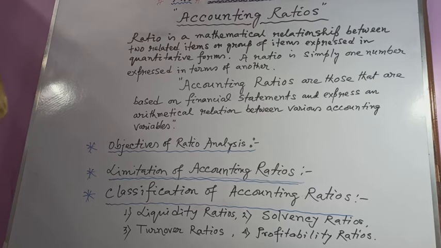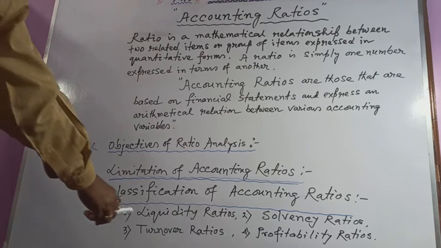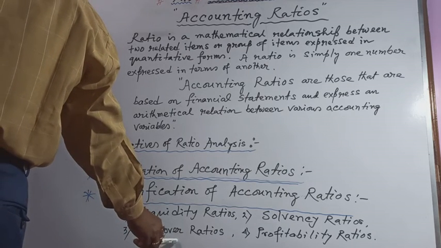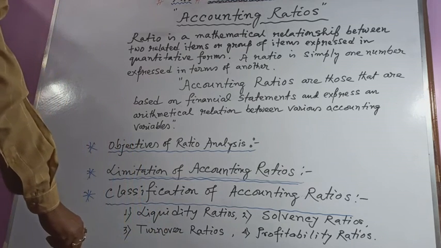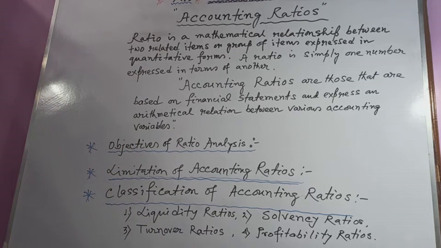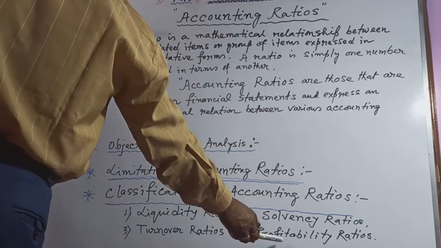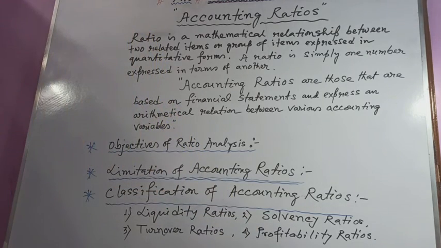These ratios are again subdivided: inventory turnover ratio, debtors turnover ratio, creditors turnover ratio and working capital turnover ratio. Point number 4, profitability ratio. Profitability ratios measure the various aspects of profitability or the capacity to earn a stable return of a business firm.